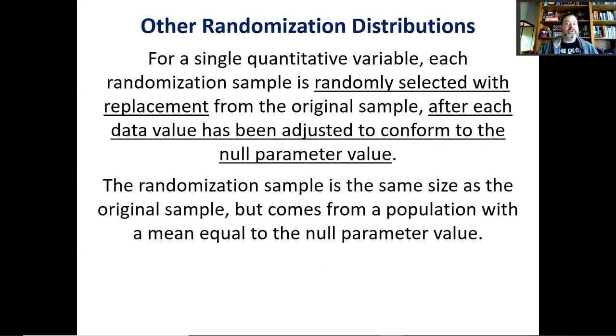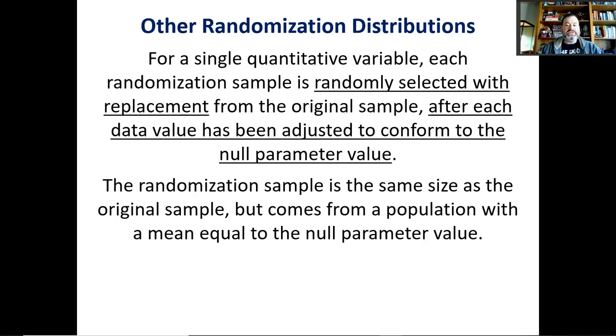So let's talk about some other distributions. For a single quantitative variable, each randomization sample is randomly selected with replacement from the original sample. So that's like a bootstrap distribution. But we do this after each data value has been adjusted to conform to the null parameter value. This is by far the most abstract thing we cover in this class, at least up to this point, because it's hard to see why we need to do this.